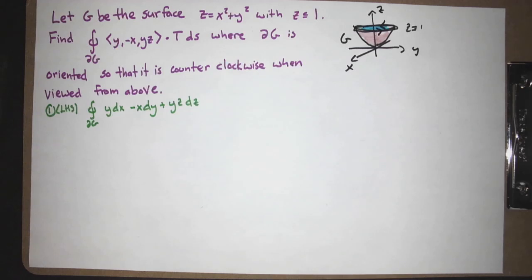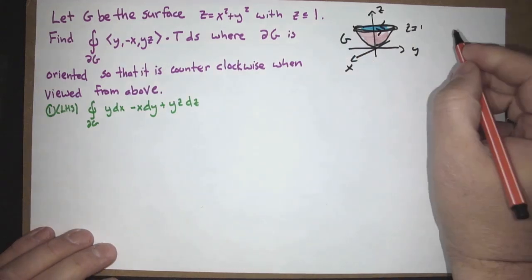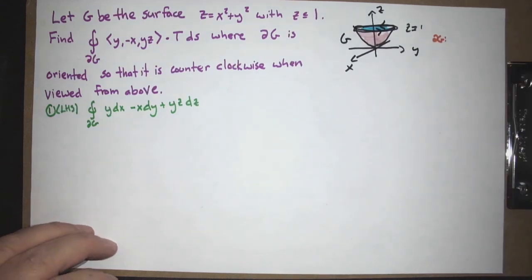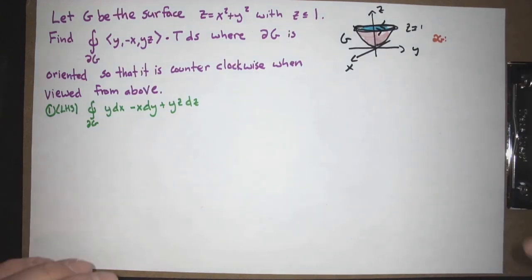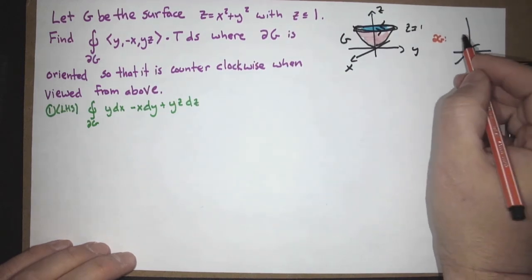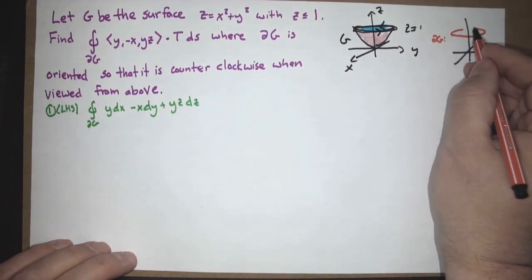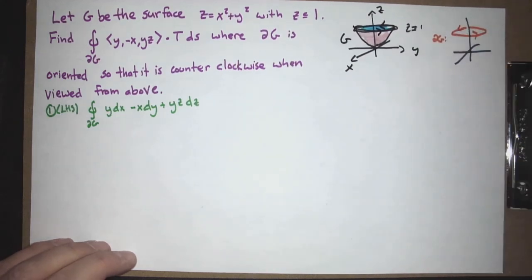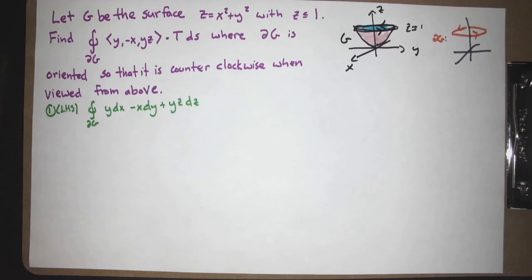Let's take a look for a second. What does the boundary of G look like? G is the bowl. The boundary of G is a circle. Can you tell me anything more about the circle? Radius 1, very good. Now it's a circle in 3-dimensional space. Where does it sit in the z direction? z equals 1.